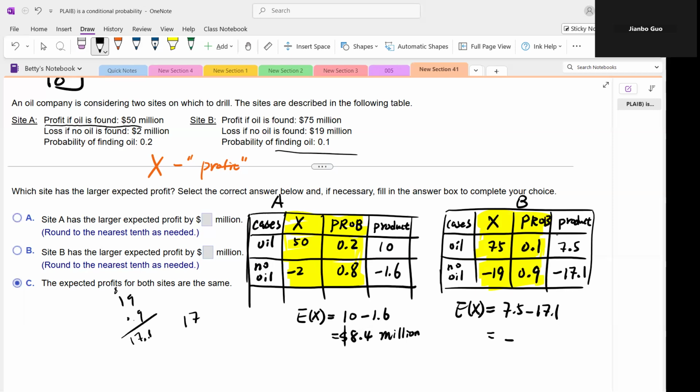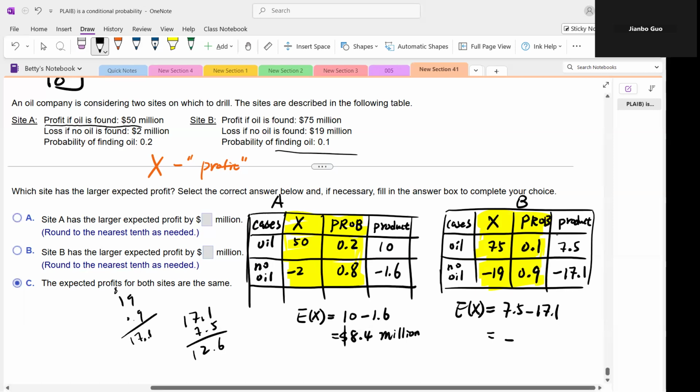Let's see, 17.1 minus 7.5. That is 9.6. Double check the calculation. Yep. So negative 9.6 million.